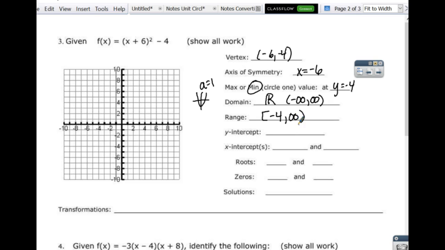And the y-intercept is if you make the x 0. So if I make the x 0, I get 36 minus 4, which is going to be 32. Now set this equal to 0 and solve for x.